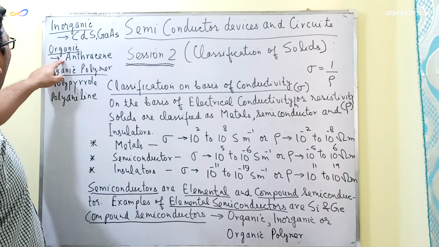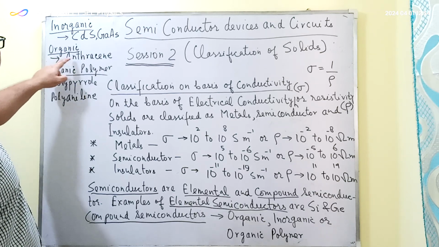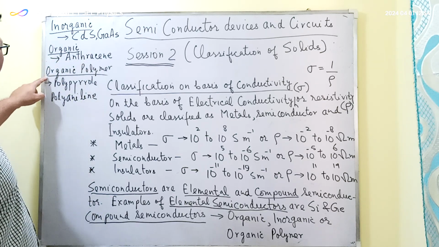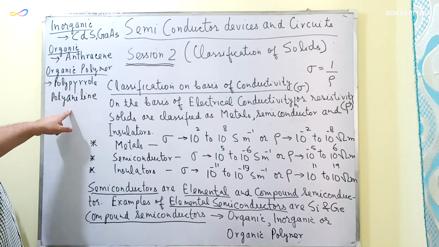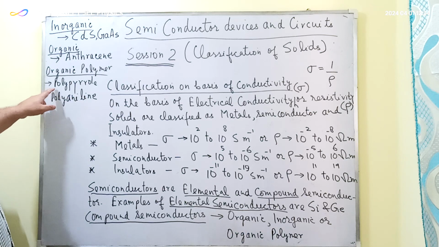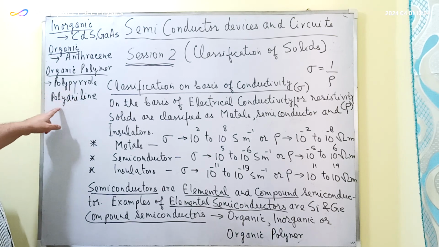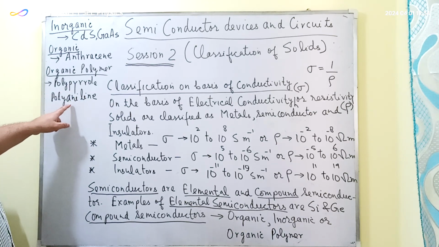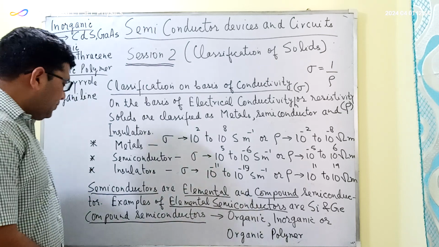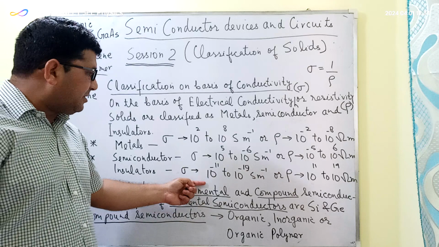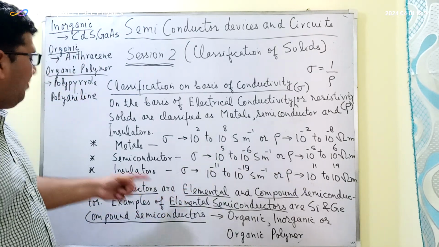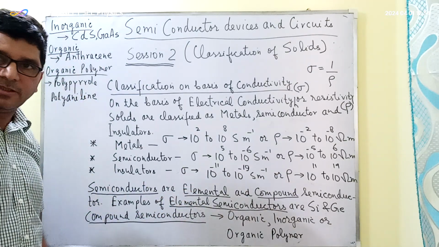One example of the organic semiconductor is anthracene, and I have given here two examples of the organic polymer semiconductors, polypyrrole and aniline. But the most commonly used semiconductors are the elemental semiconductors and the compound inorganic semiconductors.